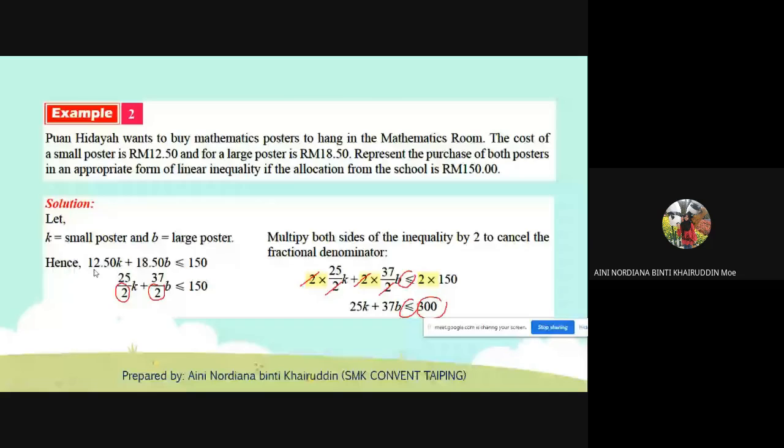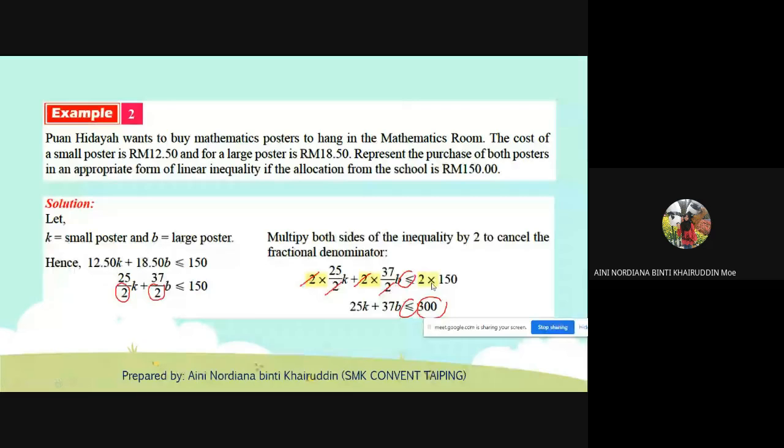Then we don't want this denominator, so you multiply everything by 2. So 25 over 2 times 2, then you can cancel out 2. 37 over 2 times 2, cancel out 2. 2 times 150 equals 300. So this is the answer. The answer must be in the form of whole number, cannot be decimal or fraction.